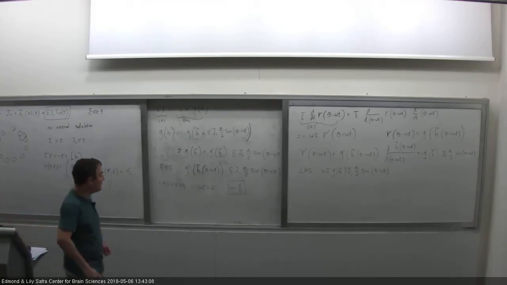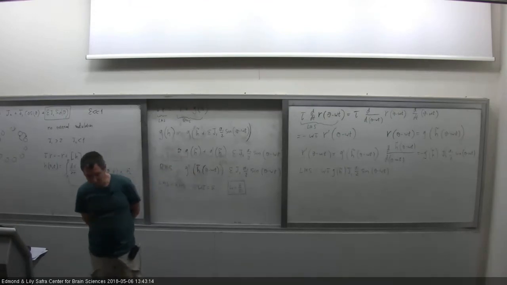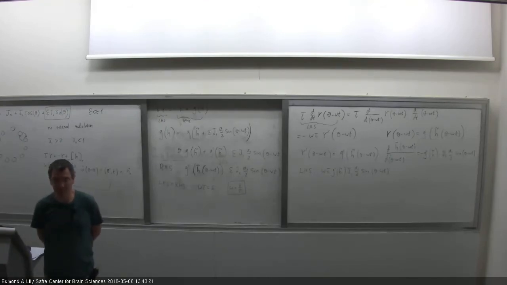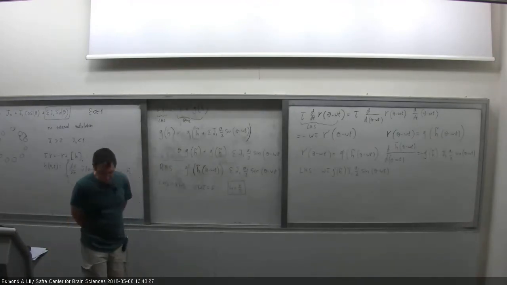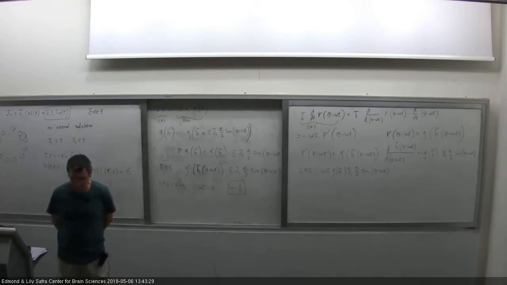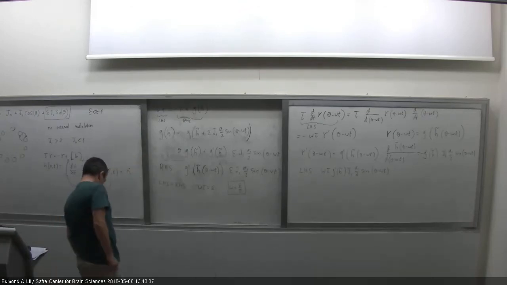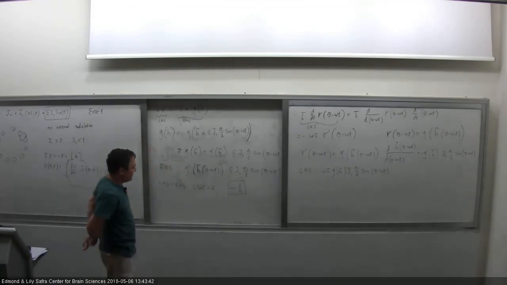So this is an example of a moving bump. And going back to our poor fly, where we saw that the bump of activity is moving even in the absence of visual input, we can think about this as a way of generating a moving bump.